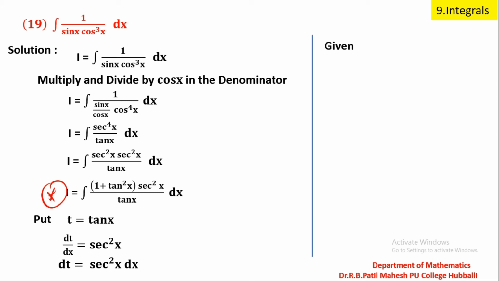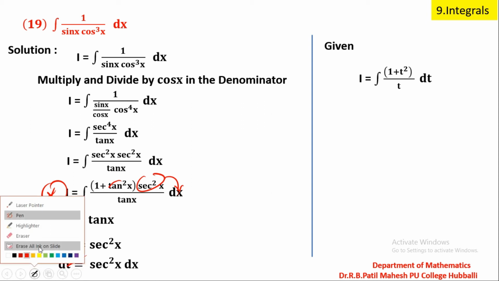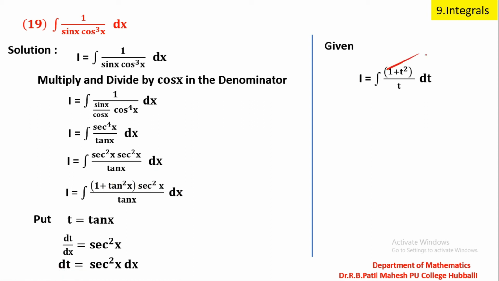I is equal to, wherever tan x is there, I will write t. Wherever secant square x dx comes, I will write dt. That only I am doing here. Integration of 1 plus tan square is there, but 1 plus t square. Secant square x dx is there, but dt. And in the denominator tan x, that is t. So this is a very simple form of the given problem.